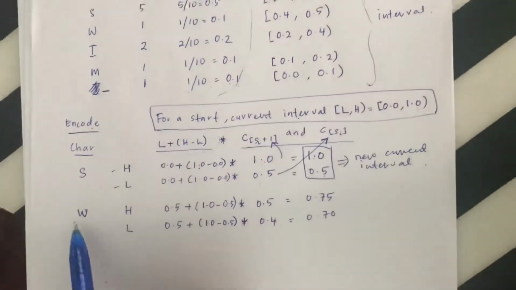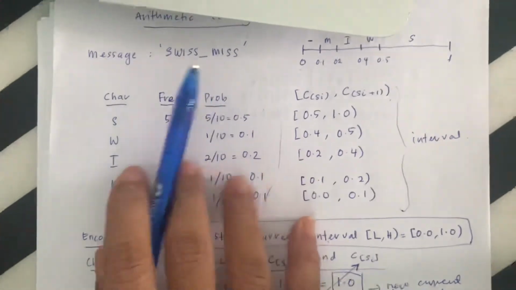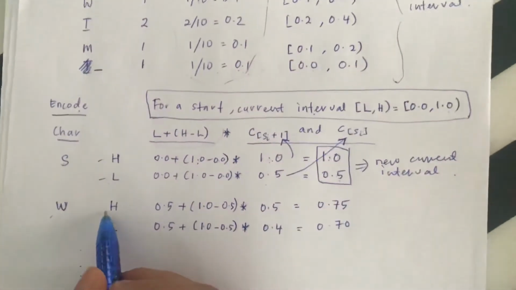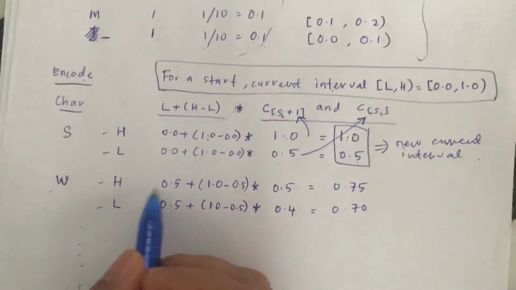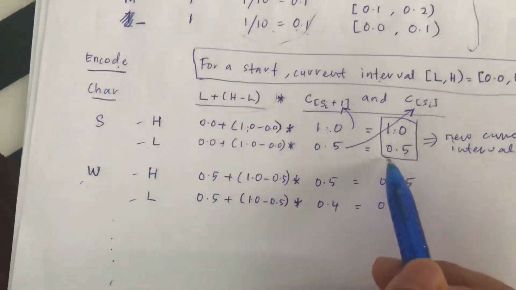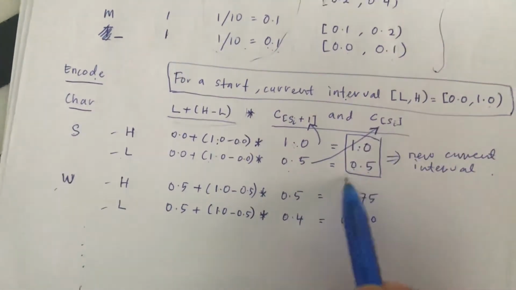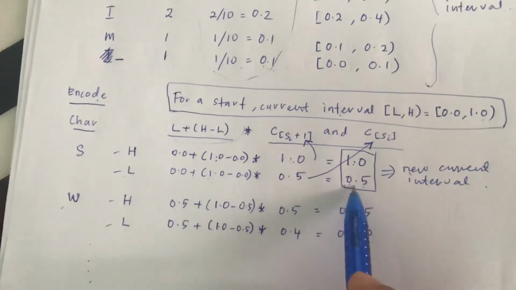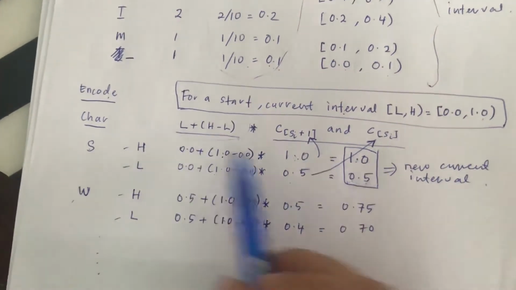Next we move to the second character, which is W. Again you have to identify the H and L. The L now is 0.5, no longer the original current interval, because you are referring to the previous character that you encoded.